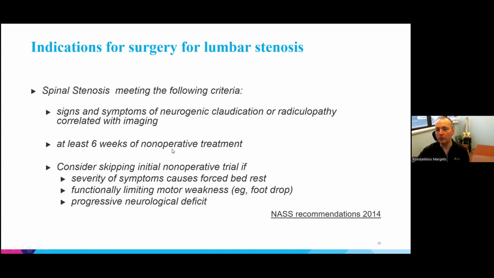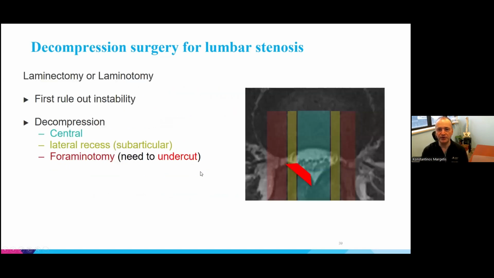Again, we need to try non-operative treatment first. They say here 6 weeks. Usually it's more than that. It's much longer than that. But again, if the severity of the symptoms causes forced bed rest, if there's any weakness, or if there's any progressive neurological deficit, then we might skip the non-operative treatment and do surgery. When we do surgery, usually we do a laminectomy or laminotomy, and we try to give more space for the nerves.